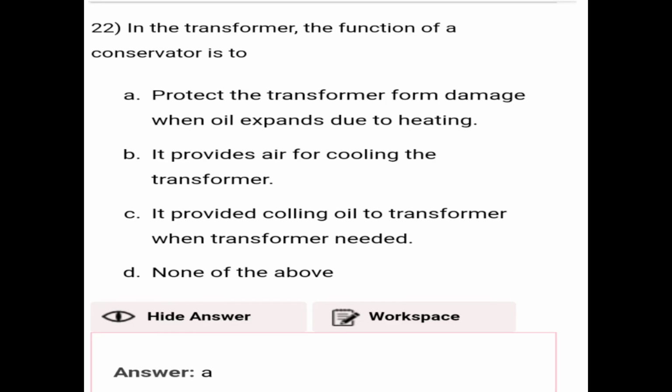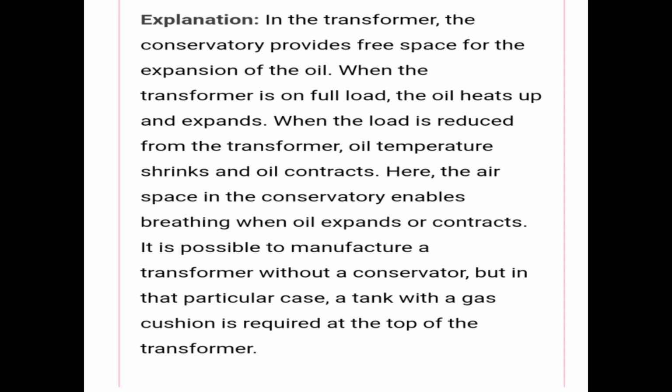So listen carefully. In the transformer, the function of a conservator is to. The correct answer is option A, that is, protect the transformer from damage when oil expands due to heating. The explanation is that in the transformer, the conservator provides free space for the expansion of the oil. When the transformer is on full load, the oil heats up and expands.